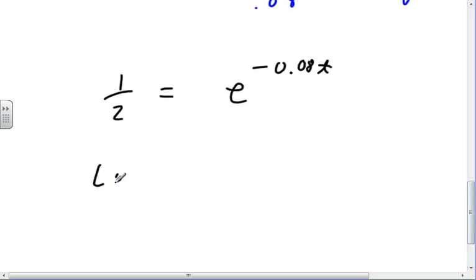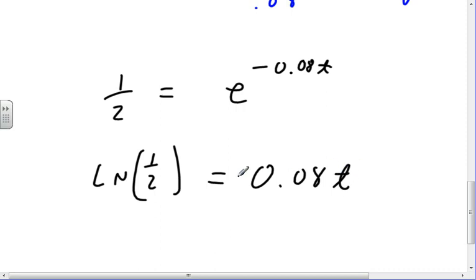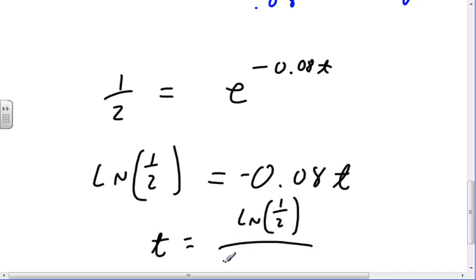So natural log of 1/2 is equal to minus 0.08 t. T is equal to natural log of 1/2 divided by minus 0.08. So this is how long it's going to take for his money to be half of what it used to be.